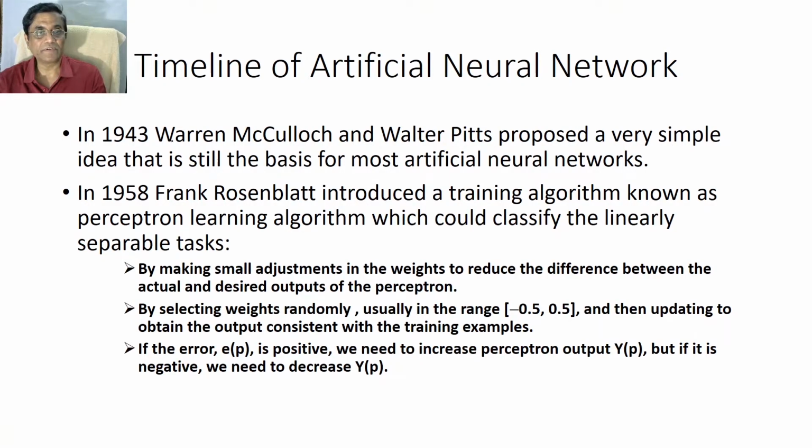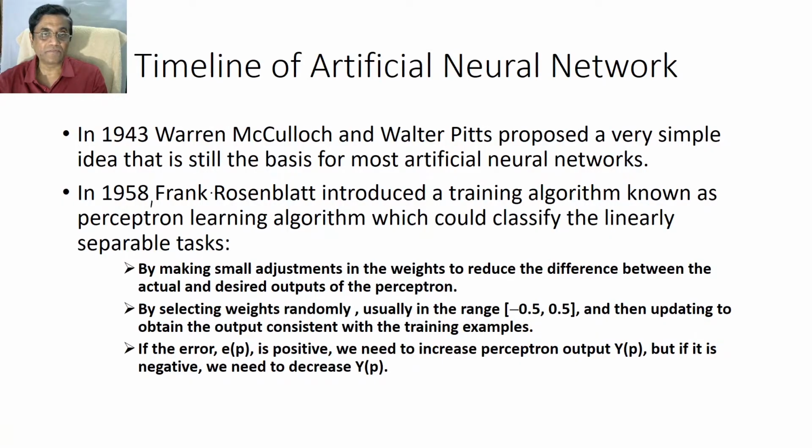In 1943, Warren McCulloch and Walter Pitts proposed a very simple idea that is still the basis of most artificial neural networks. That's a neuron.